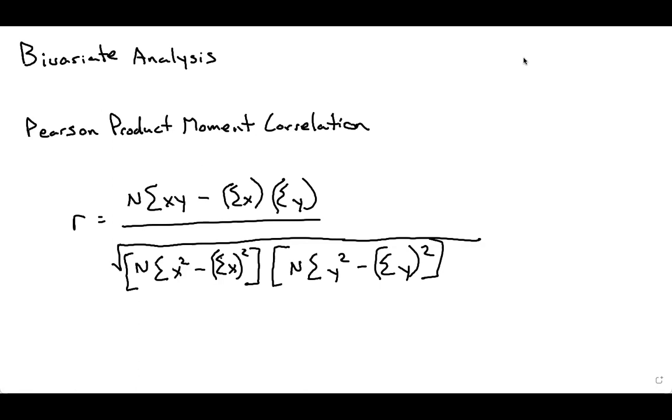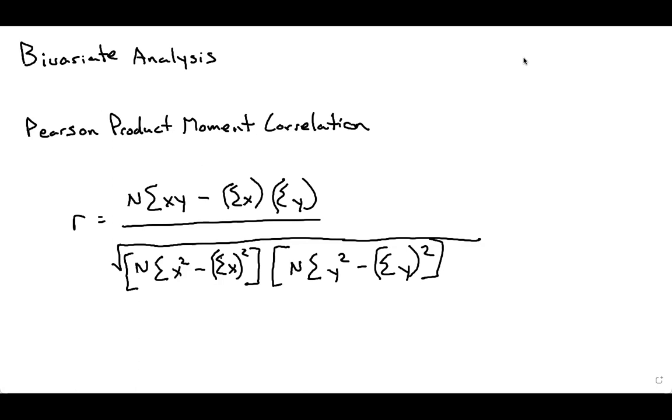Pearson product moment correlation is the statistic that you would use if you had two variables that were either interval or ratio data, so they had to be continuous variables, and you want to see what the relationship is between those two specific variables.